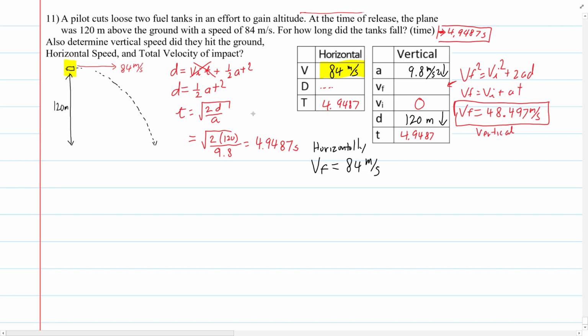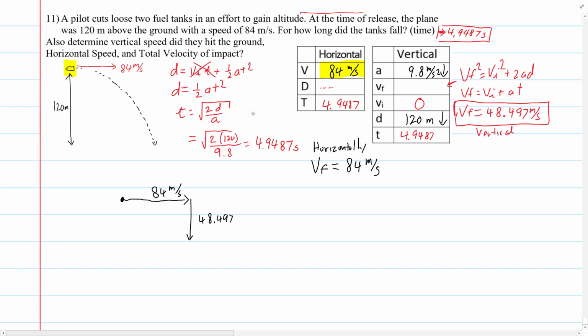So the total velocity, let's just reiterate that. It is moving at 84 this way, and vertically it lands at 48.497 down. So to add them, we start there and we add them by tail to head, then tail to head.